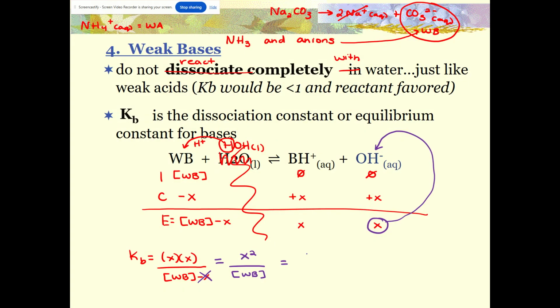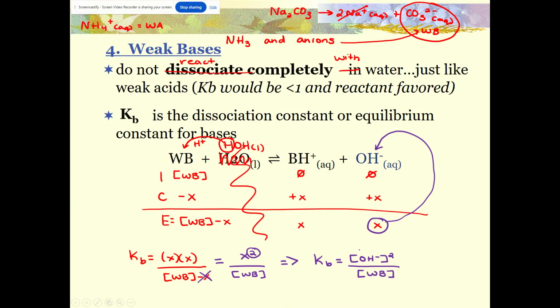So if I put this into the formula, one formula for KB is hydroxide replaced with X, because that's what the hydroxide equals. It's squared because X is squared, divided by the concentration of the weak base. Okay? So I can rearrange this formula, which we'll look at in a minute, to solve for the concentration of hydroxide ions for my weak base in solution.